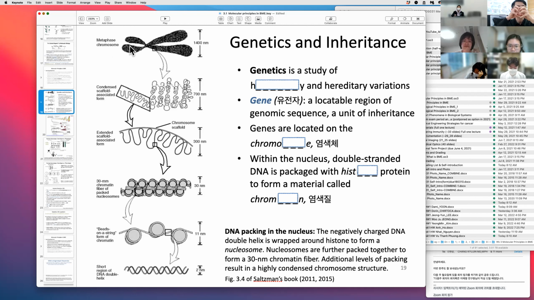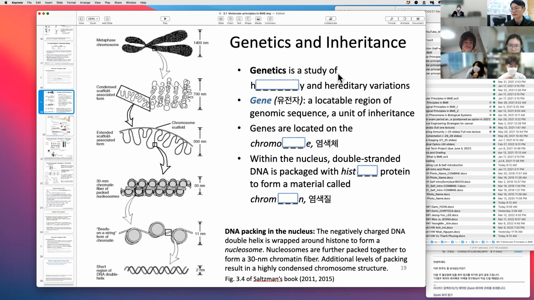And we know from cellular division that these cells divide, and gene expression makes hundreds of different cell types in our body. So that's our genetics, right?